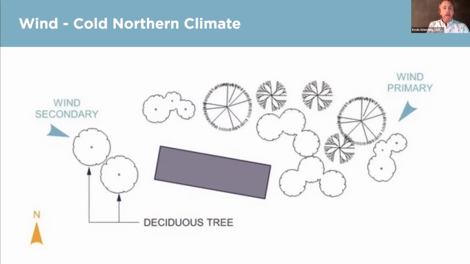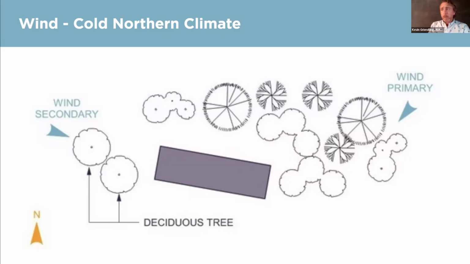But to have a functional understanding of what it means to be in a cold, dry climate versus a hot, humid climate or a hot, arid climate, these all have different implications on what decisions you make throughout the site. And we're going to look at a couple of examples right here.